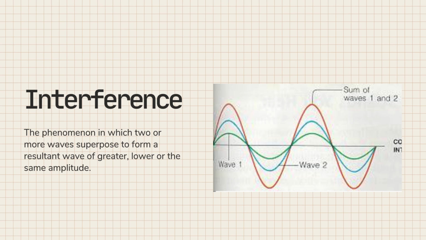The first wave is the green wave, and the second wave is the blue wave. When the green wave interacts with the blue wave, it creates another wave, which is the red wave. And the red wave is actually the sum of wave 1 and wave 2.